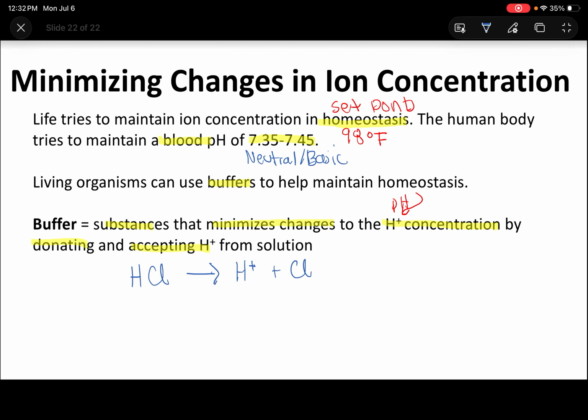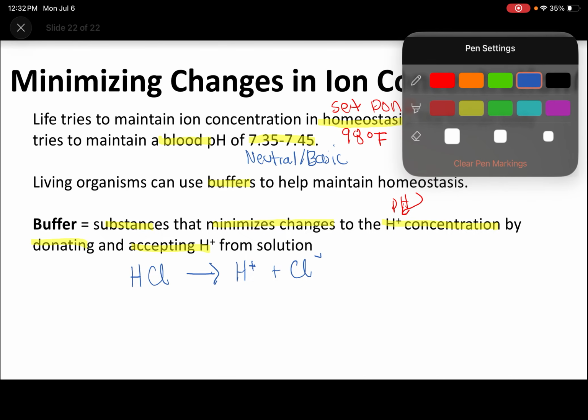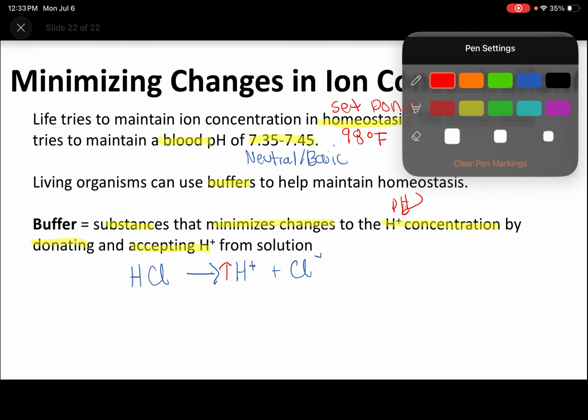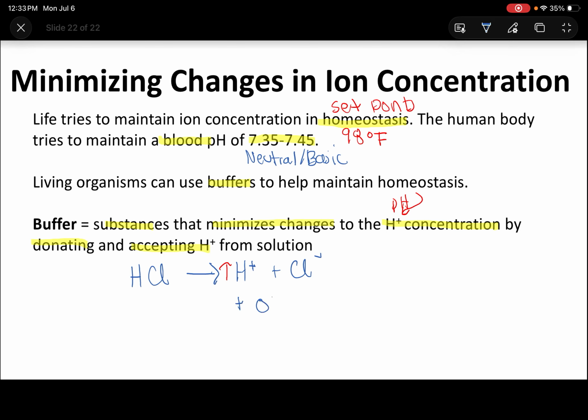If we were to drink hydrochloric acid, our body would have to counter the increase in hydrogen ions. It could do this by adding hydroxide or by adding a molecule to take away that hydrogen ion. So buffers control this change so that when we eat something that's more acidic or more basic, we aren't going beyond this set point of 7.35 to 7.45.